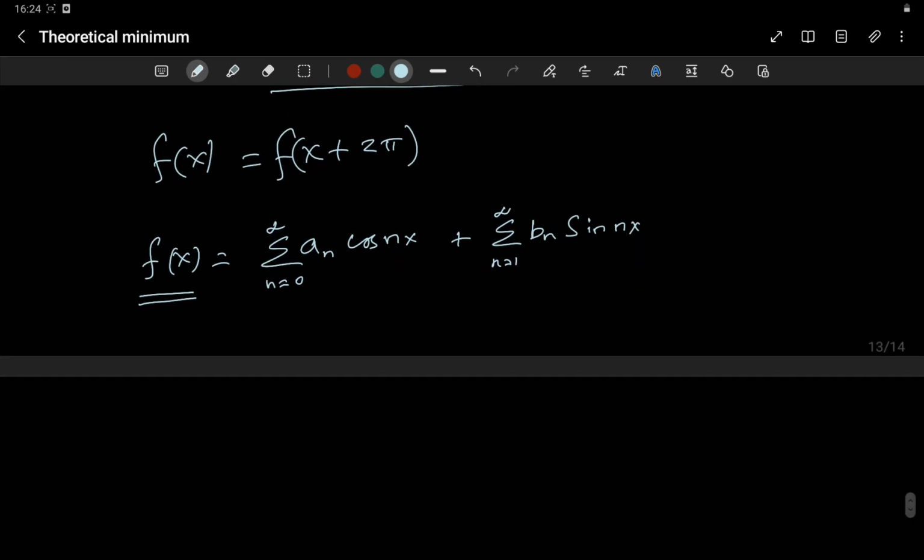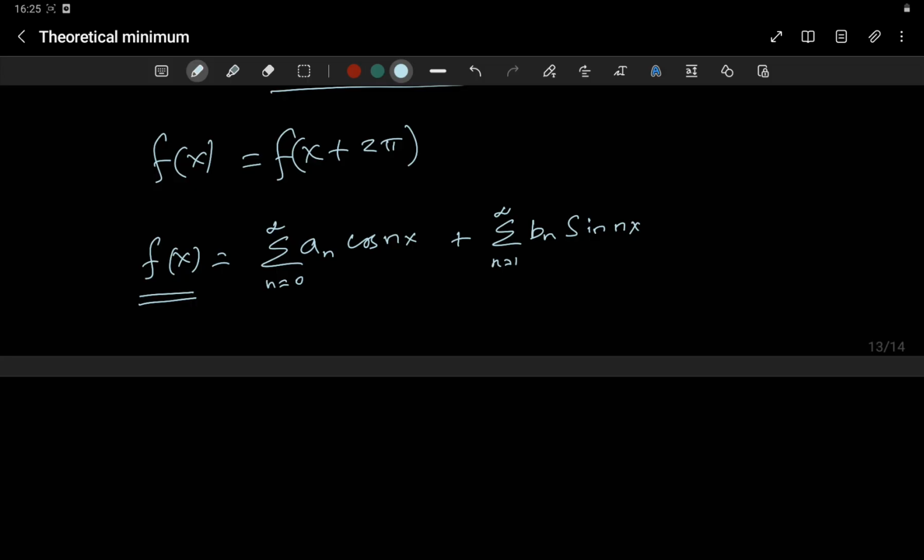Now the challenge is, how do they calculate this an and bn? So they are writing that as a linear combination, but before that, we need to check this basis set.